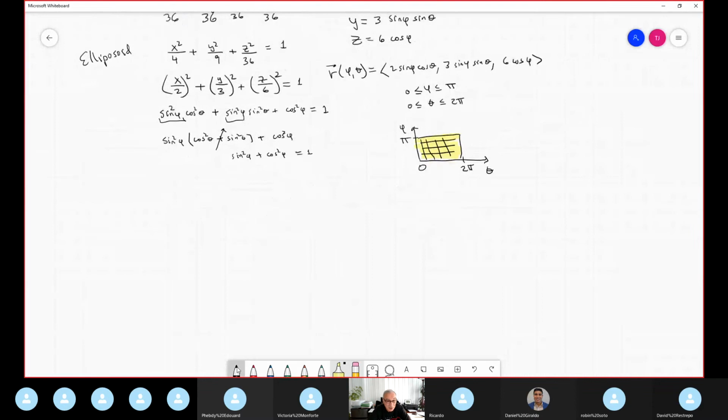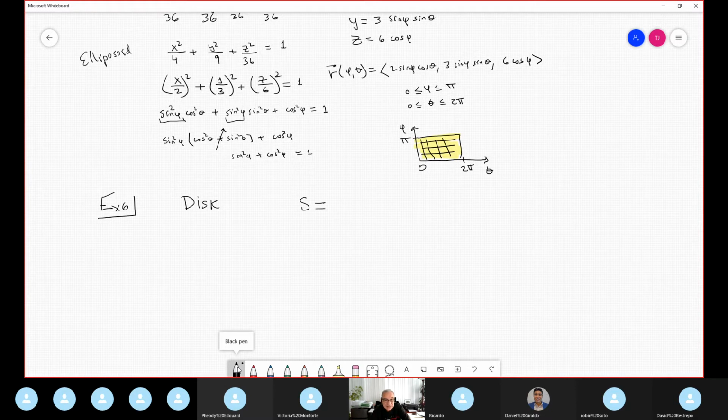It's the last example of the parameterization of a surface, example 6. Example 6 is about a disc. Well, this is a circle, or not necessarily a circle, but it should be an ellipse, in 3D. Suppose I am doing the parameterization of a surface.